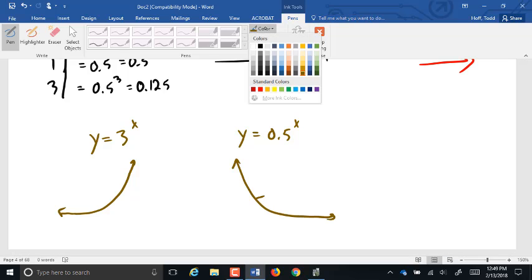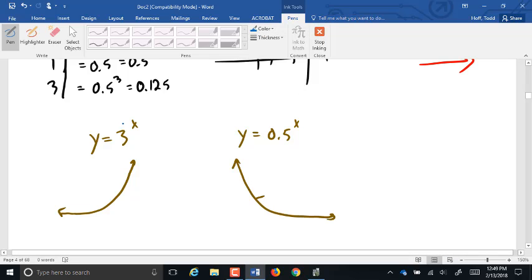What's the only difference between the two of them? This one's a whole number, this one's a decimal. In fact, the main difference is this one here, that value for b is greater than 1. And this one, that value for b is less than 1.